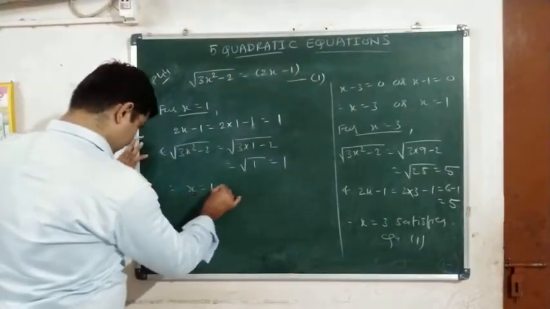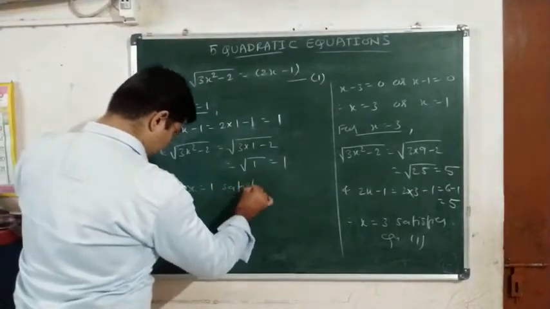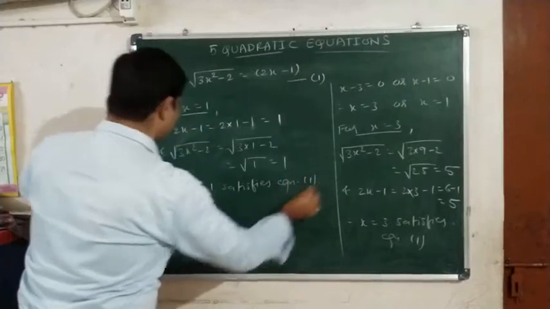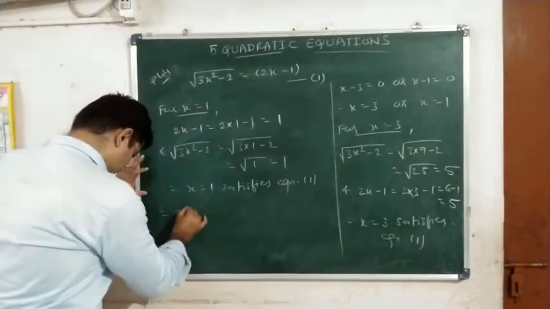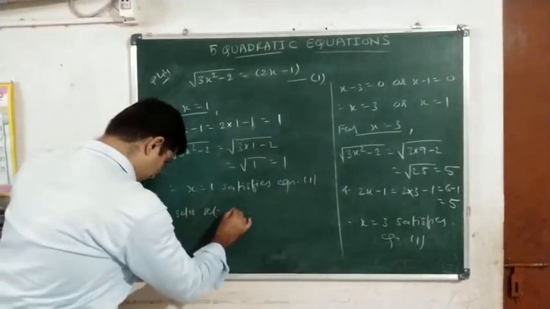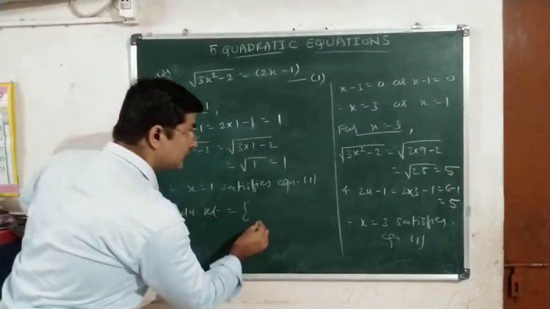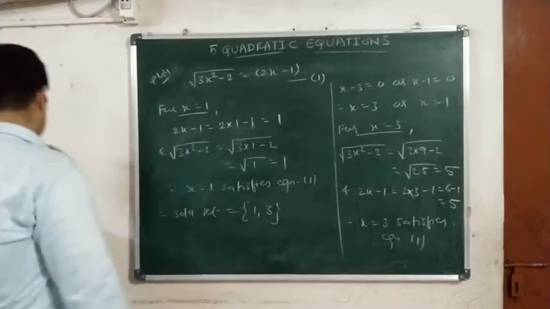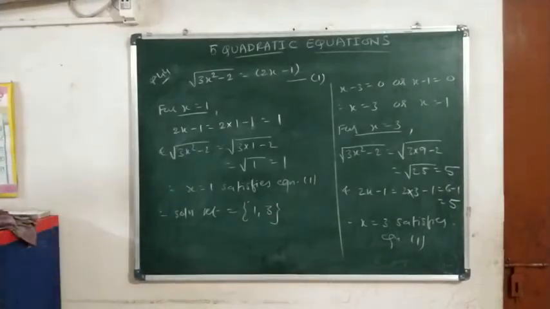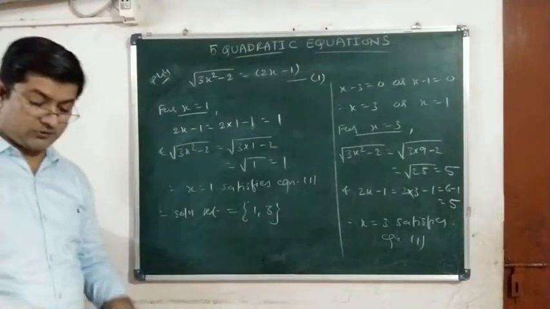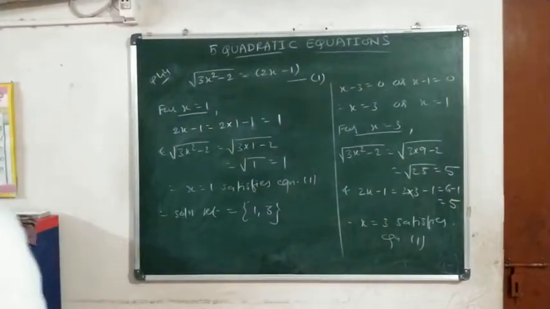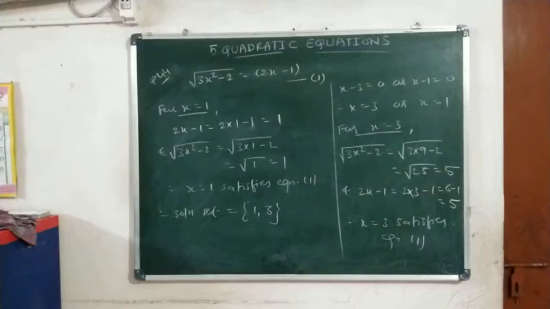The x is equal to 1 satisfies equation 1, and therefore solution set will contain both the elements 1 and 3. Clear? So with this we have completed question number 44. Now let us solve the next question, that is question number 45.